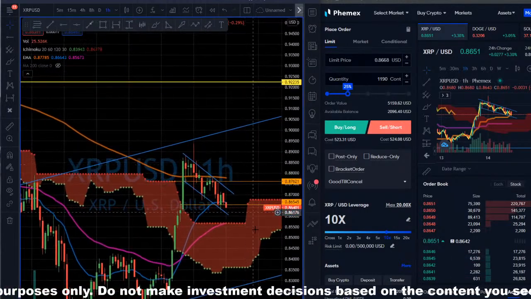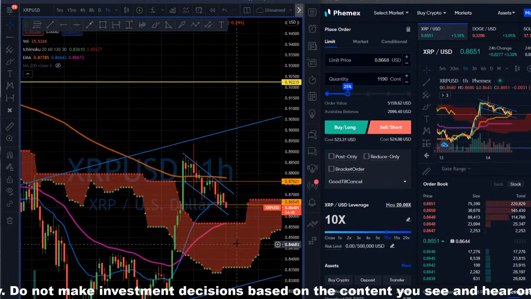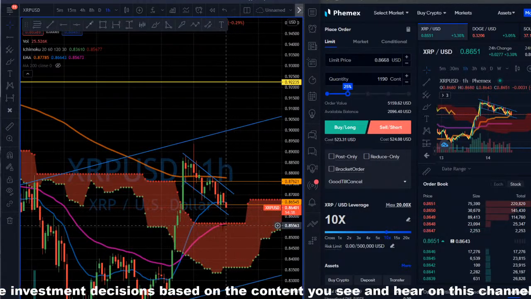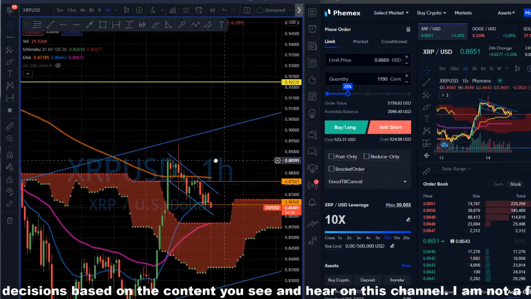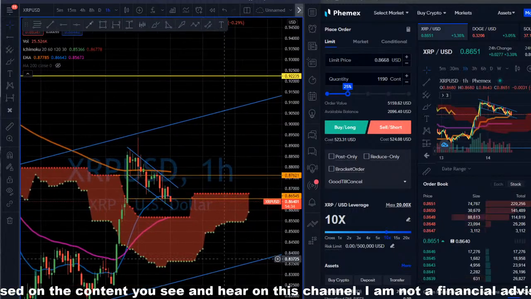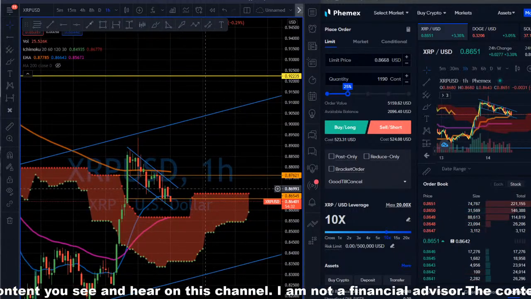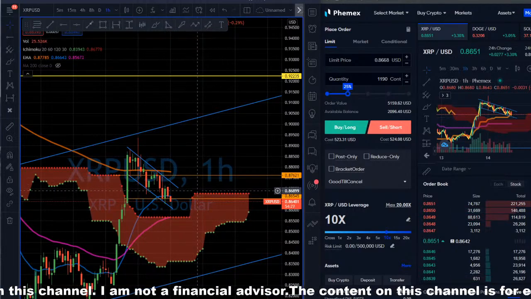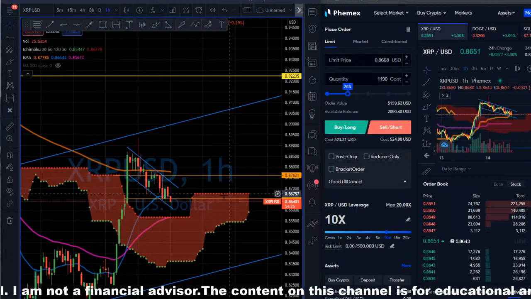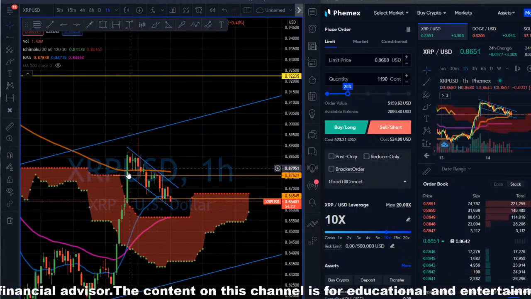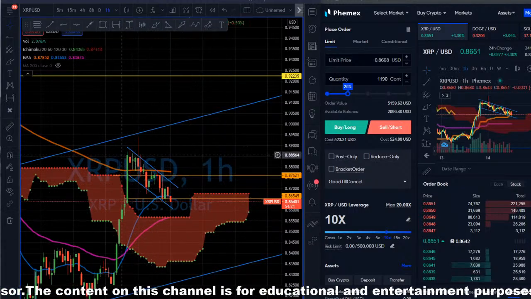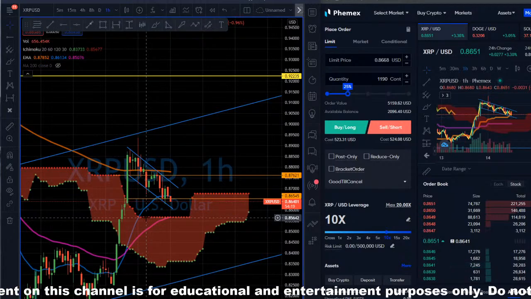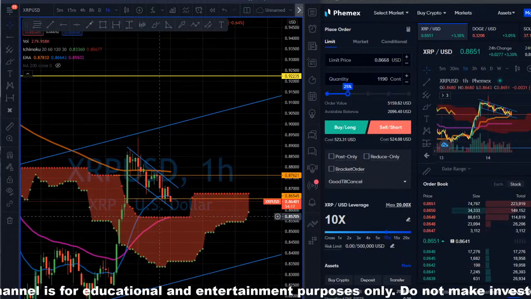So I'm going to wait to see where this ends up. The way you look at the cloud is you look at the top of the cloud as your first sign of support. Currently your price action is right over here, so your first sign of support would be right here.